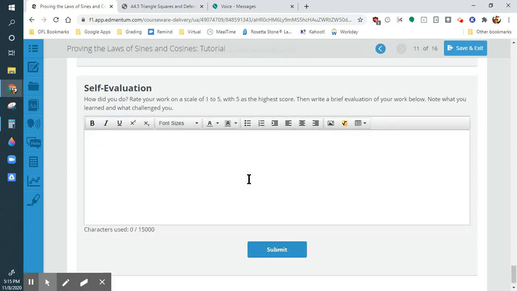So this one, I would give myself a 3, to be honest. The wording was very awkward and it was difficult to understand what they were asking. And this, I've noticed, is a common pattern with geometry.